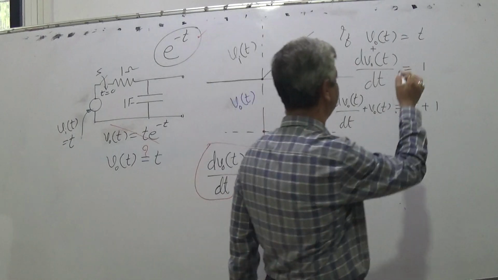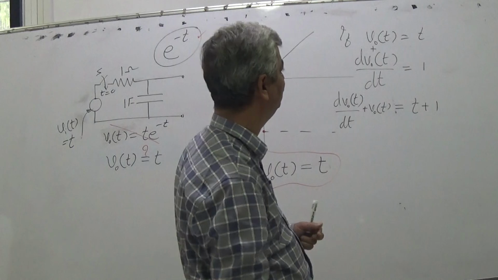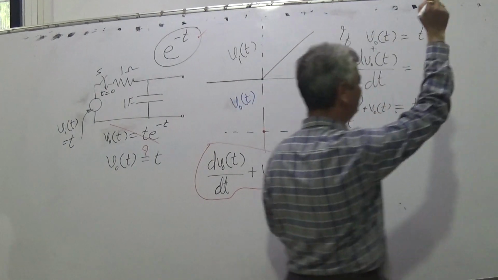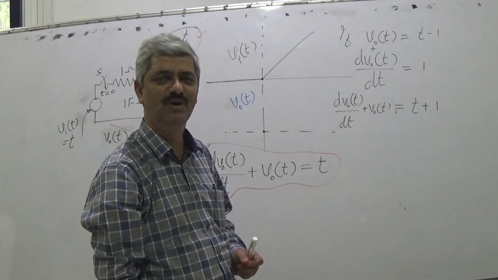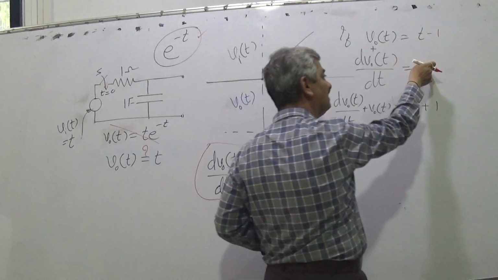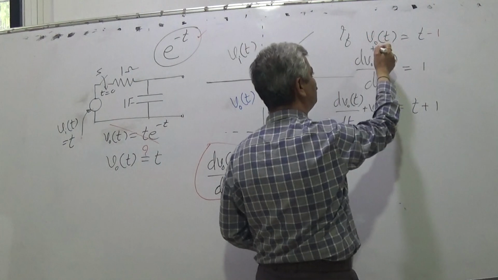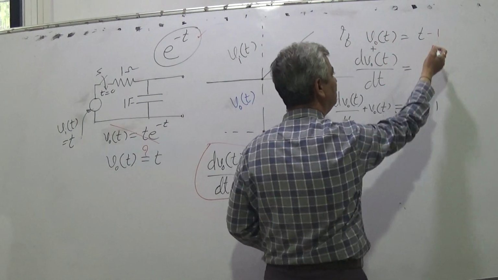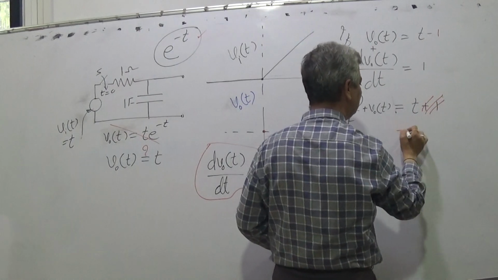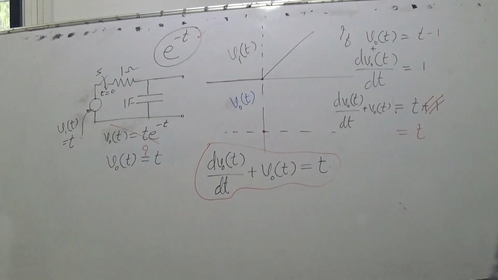Instead of t, you will let v o of t be equal to t minus 1. When v o of t is t minus 1, what is d v o by dt? It is 1, because the constant differentiates to 0. And when I add these two, this minus 1 cancels this plus 1, so this gets scratched and I get t, and yes, I am at the answer.